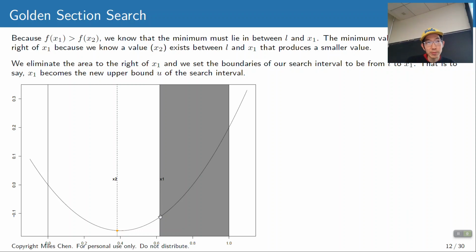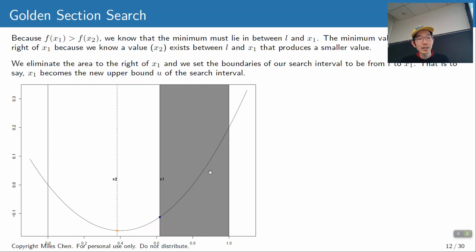If we're going under the assumption that there's at least one, we know there's at least one point that's lower than x1 between L and x1, and that's x2. So because we know this point is lower than x1, if there's a side to search for a local minimum, it's going to be this side.